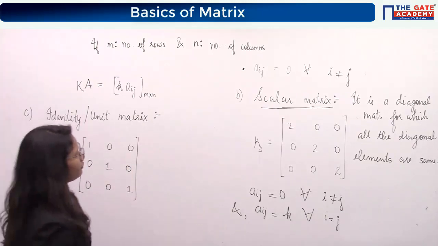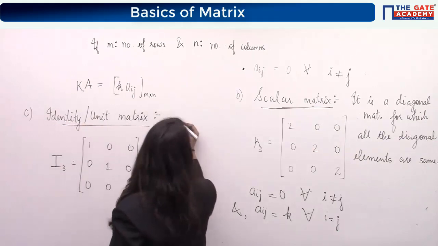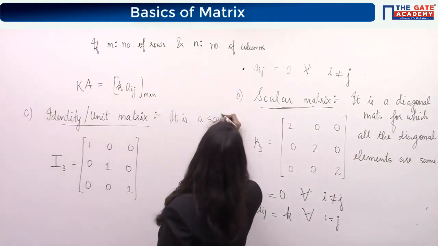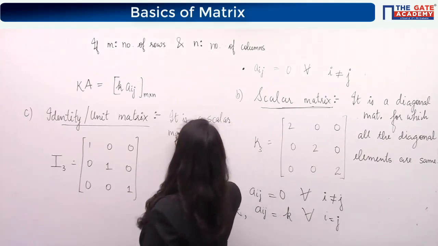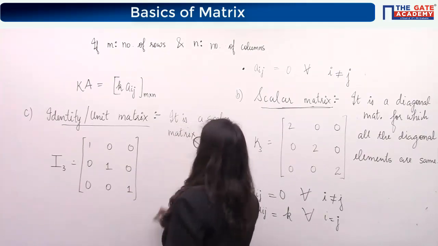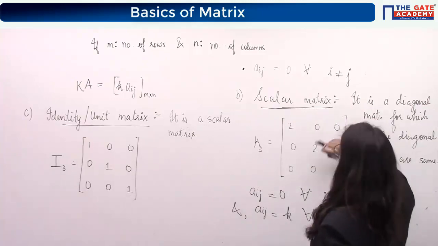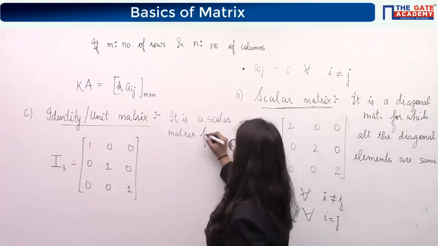So the definition that you will write is that it is a scalar matrix for which... please write along with me, not much concept is required here, just some basic things.